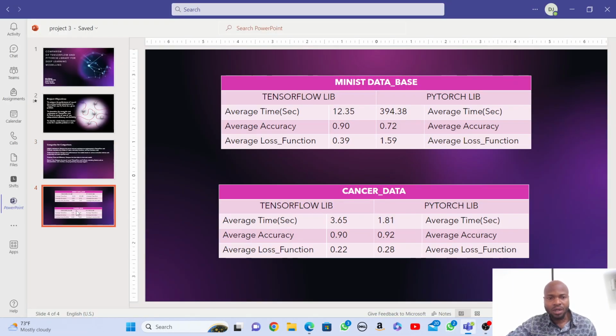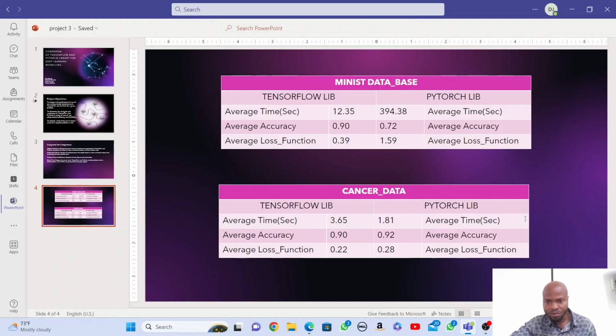Hi, so I worked on the cancer datasets to compare these two libraries, the TensorFlow and the PyTorch library. In order to make sure that I'm comparing apples to apples, I made sure that the neural network architecture is essentially the same.